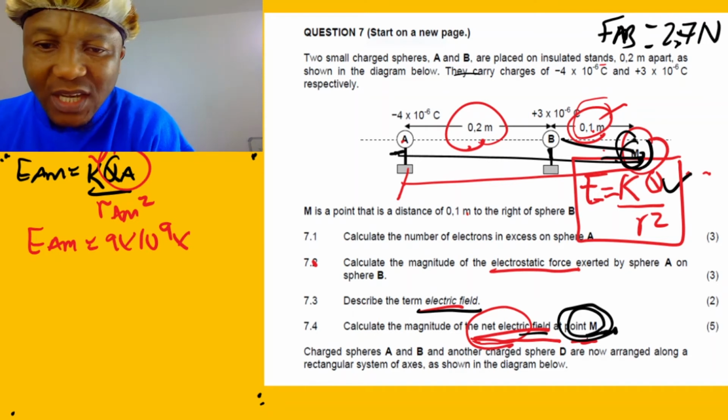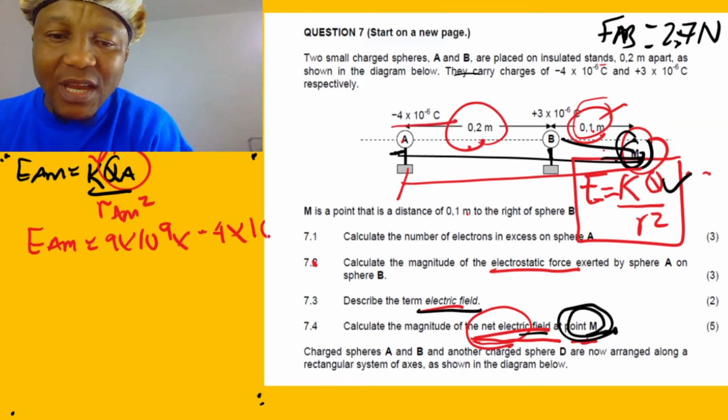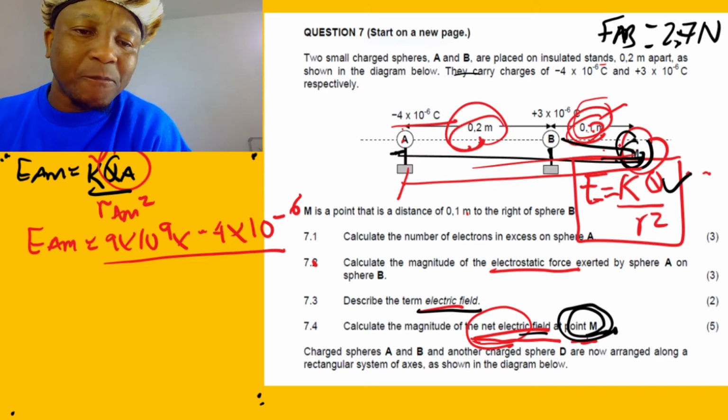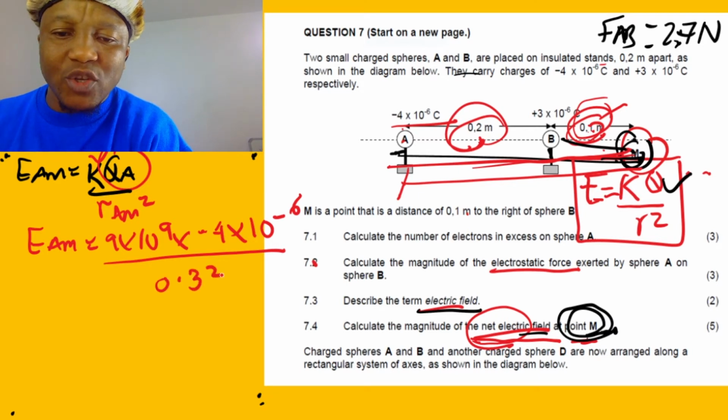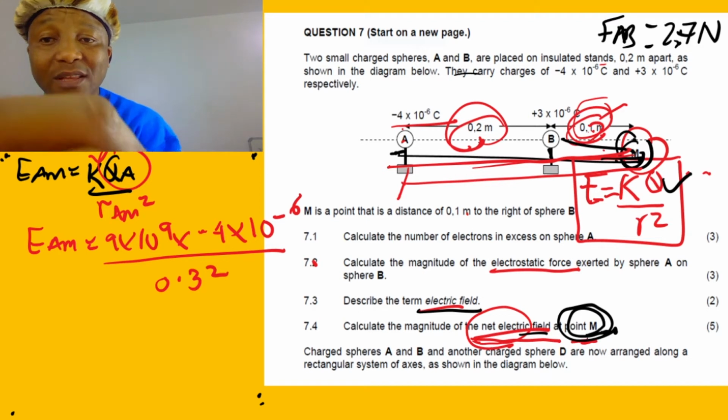What is our charge? Charge A equals -4 times 10 power -6 coulomb, over the distance between A and M, 0.2 plus 0.1, which is 0.3. Make sure you square it. And in your solution, write everything, okay? That's how you get the marks.